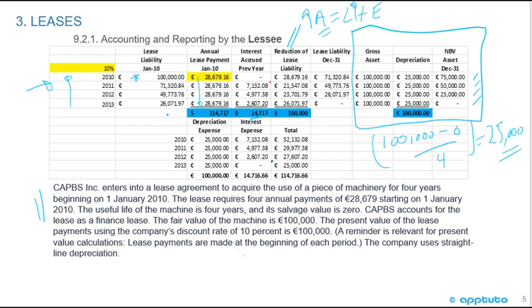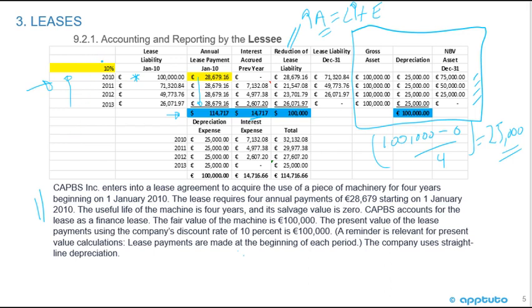So the first thing, if you look at, I got a piece of equipment that's 100,000, but I'm paying back 114,717 euros, okay? So why is that? Because as we've said, a finance lease is just like borrowing money from the lessor, not from a bank. So to pay back the loan, I'm paying 100,000 and some interest.